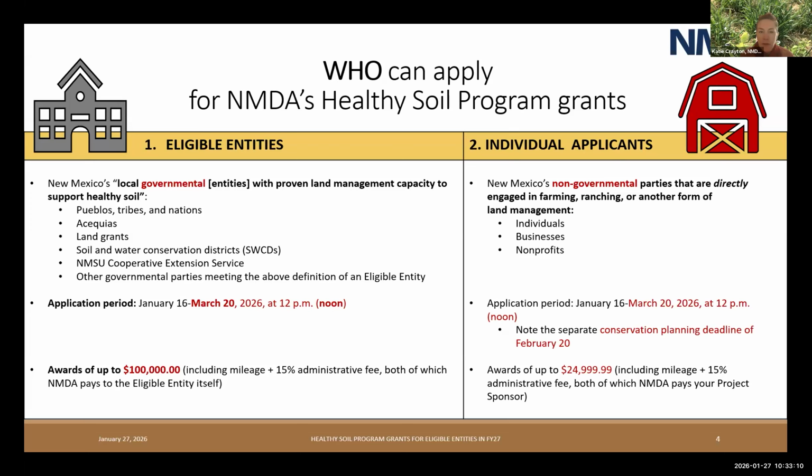Eligible entities is also inclusive of the state's acequias, the state's land grants, our soil and water conservation districts, and New Mexico State University Cooperative Extension Service. We also entertain applications from other parties that are not spelled out in that list, yet somehow can prove to us that they meet the definition of an eligible entity.